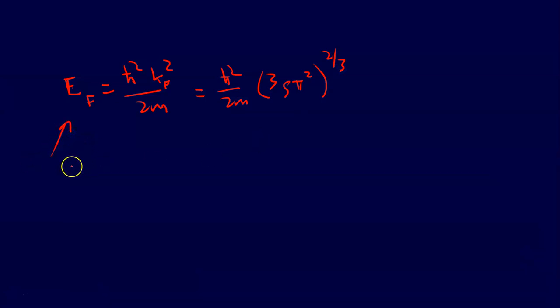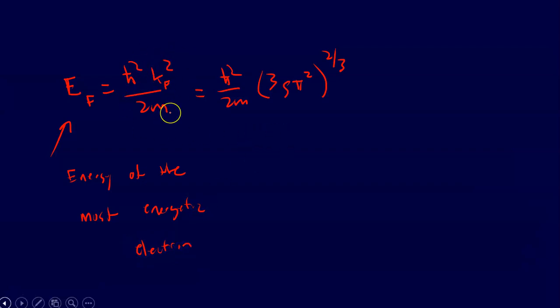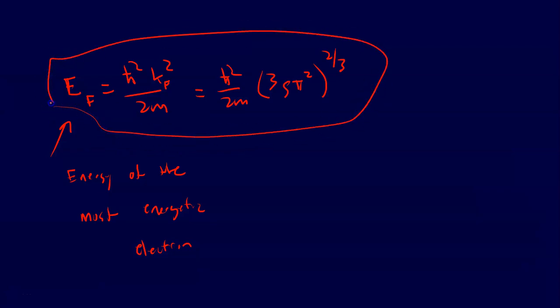This is the energy of the most energetic electron. Right, because if you remember, this vector kf is pointing at the end of that little pretend sphere we drew, and so the length of kf is all the way at the end, which tells us the electrons that are on the outside have the most energy. And so that's what this definition here tells us. Okay, so let's move on with this.